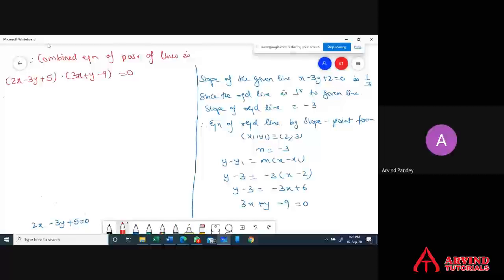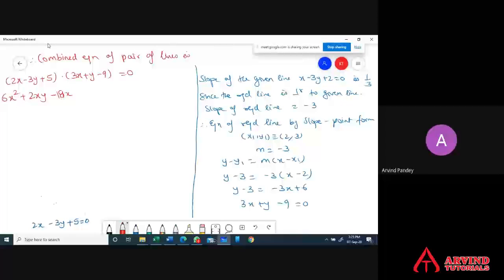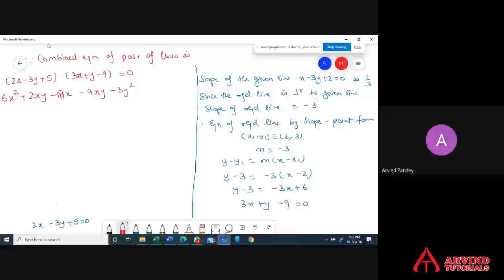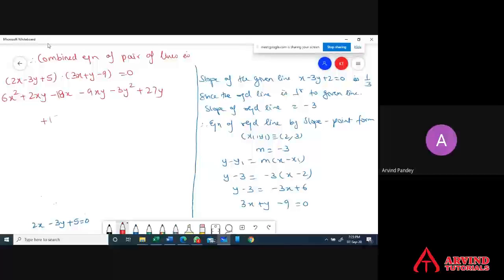Okay, now open the bracket, so it is like 6x square plus 2xy minus 18x minus 9xy minus 3y square plus 27y plus 15x plus 5y minus 45 equal to 0.